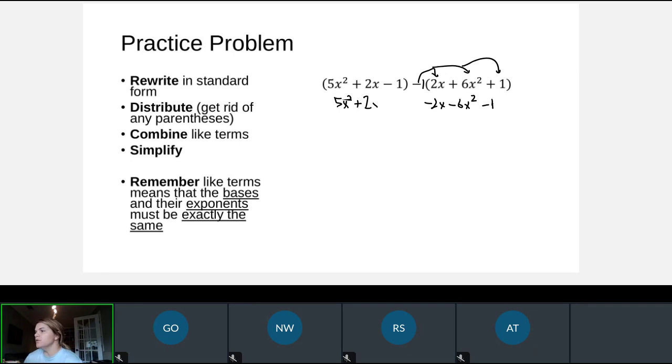So be careful here. The second set of parentheses is not in standard form. So if you get in the habit of just adding or subtracting the first two terms of each parentheses, be very careful on this one, okay?